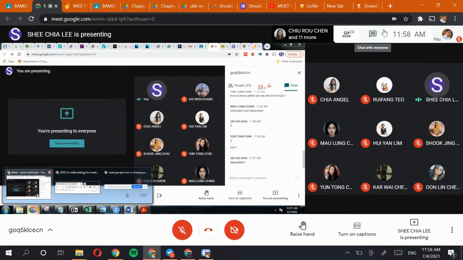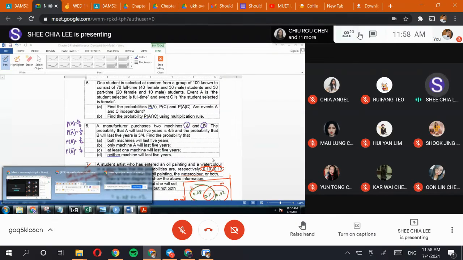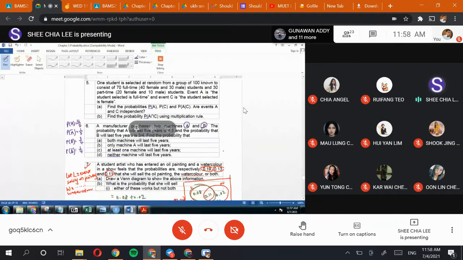Independent because there are two different machines, machine A and machine B. If machine A broke down, not necessarily machine B has to break down also, correct or not? Maybe machine A is in good condition, machine B maybe will break down, depends. So A and B are actually two individual machines, different machines, they operate separately. So that's why we say this is independent.